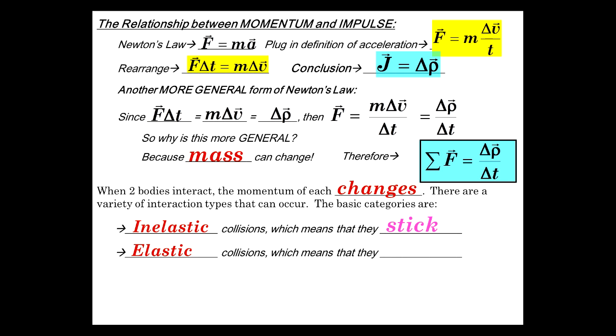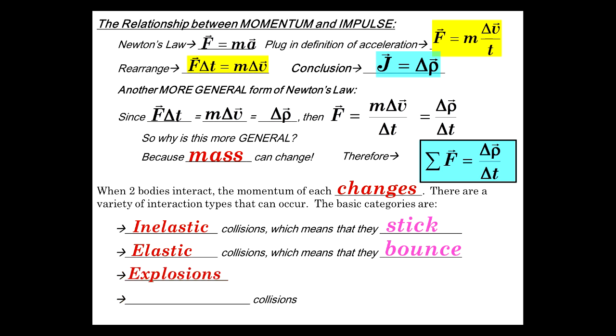Then we have elastic collisions. An elastic collision is something that's probably going to bounce, and in fact, that's exactly what it does. A highly elastic rubber ball is one that bounces well off of the floor or the surface that it hits. So there's perfectly elastic, there's perfectly inelastic, and there's also somewhere in between. But we won't worry about that as a category at the moment.